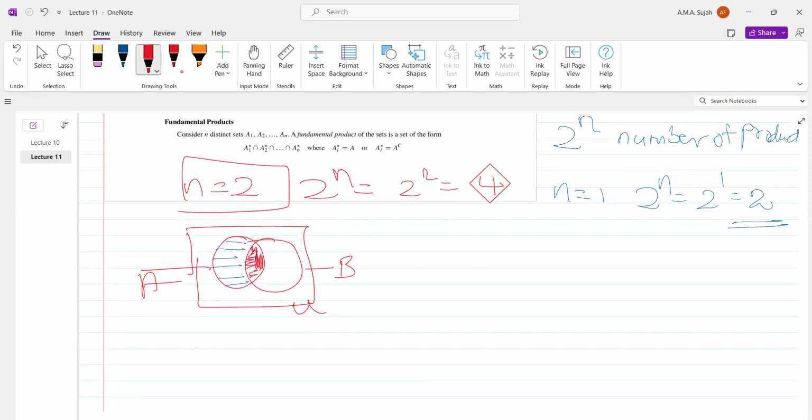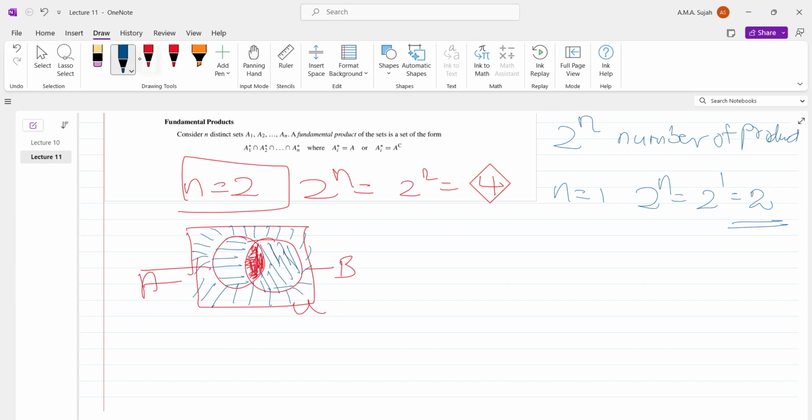The last, this one, this area we can say third one. Outside we have one area. So altogether four different components, four different portions when we are plotting a Venn diagram.